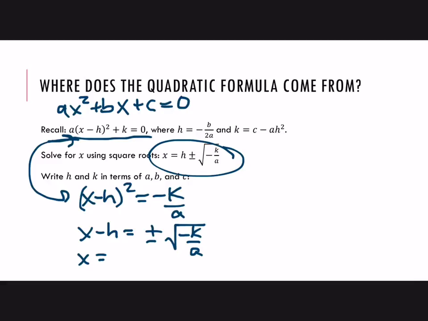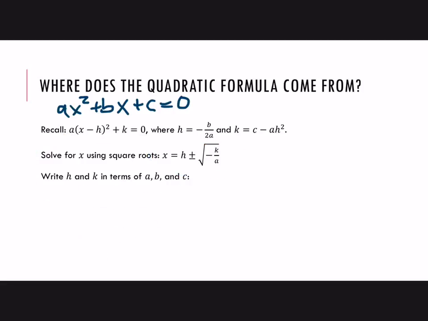Next, I'll substitute h and k with the expressions that they equal, so basically I want to write them in terms of a, b, and c. Let me erase some of this.